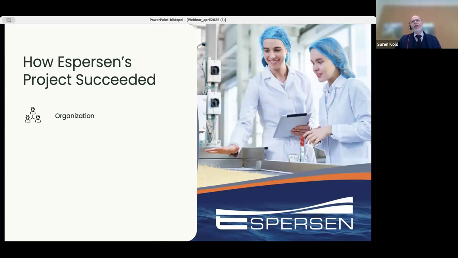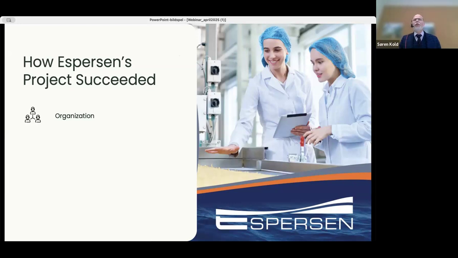And each of these key individuals had their own sub teams behind them, where they discussed the functionality, delegated all the tests and other tasks that we had in the project. And then on the side of it all, we had a software company supporting us as well.